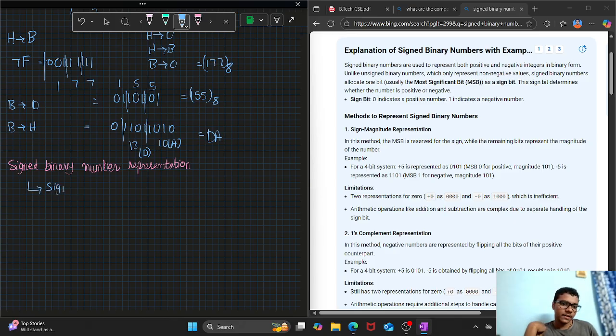That is sign magnitude form, and one's complement form, and two's complement method. So these are the ways of representing it.